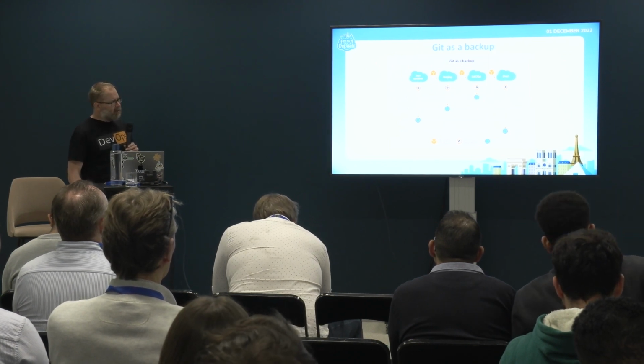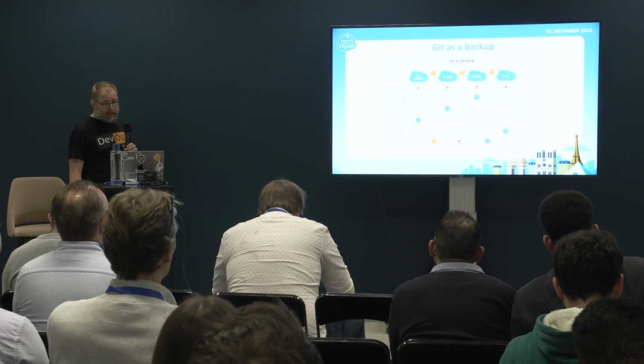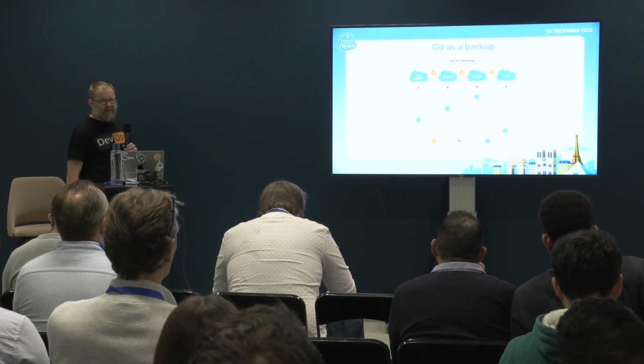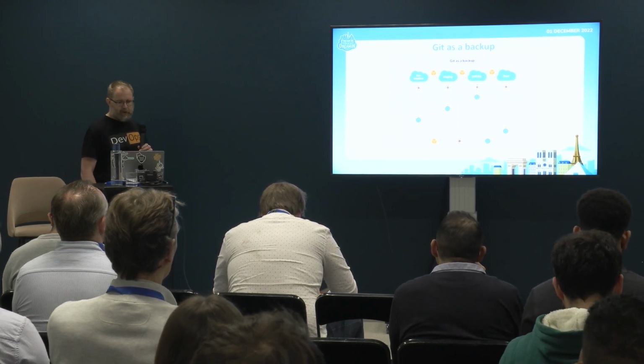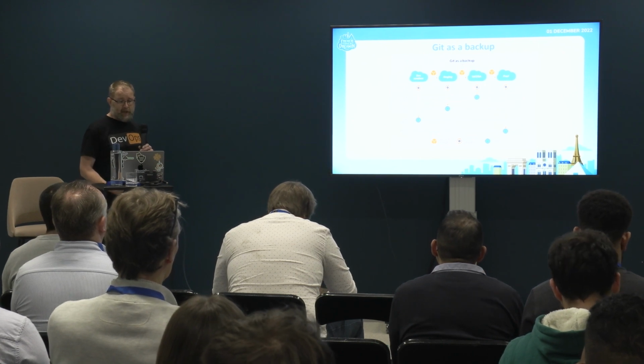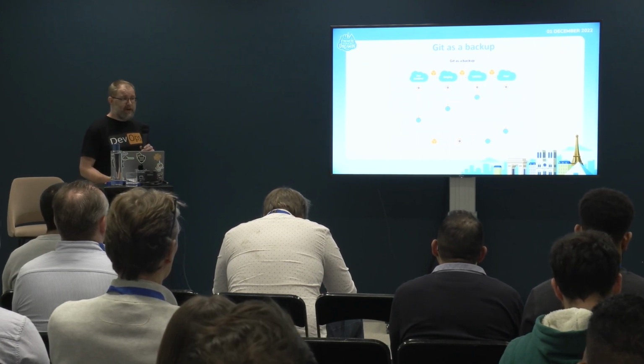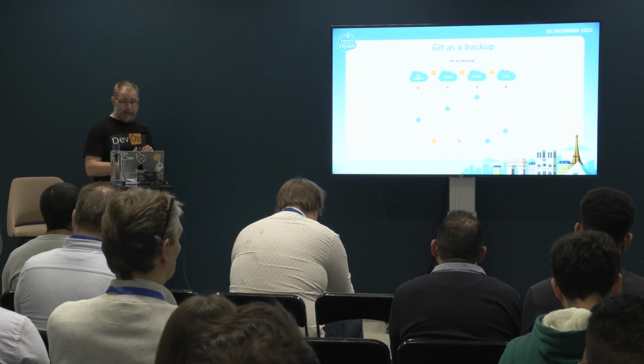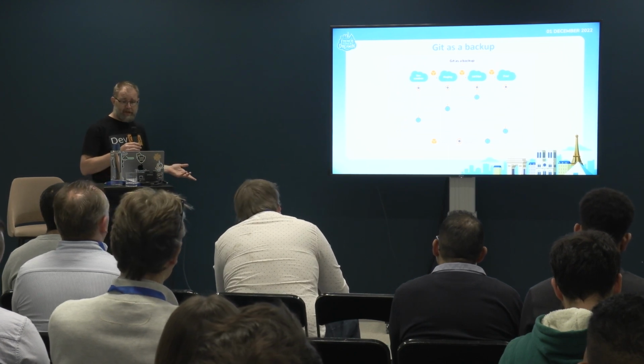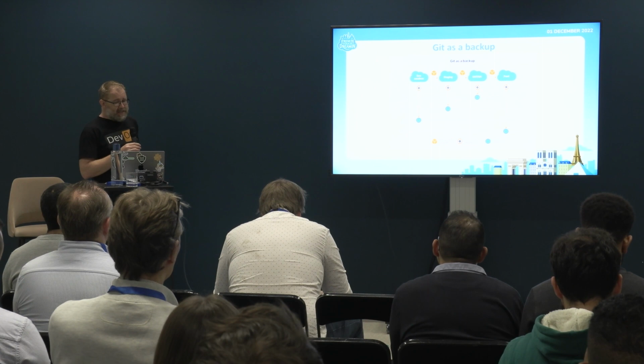Now, while this is a decent way to get started with getting your metadata in Git, it's not really source-driven development. So source control is not really acting as the source of truth here. It's just a record of changes that have happened. It's kind of after the fact. So it's still useful.